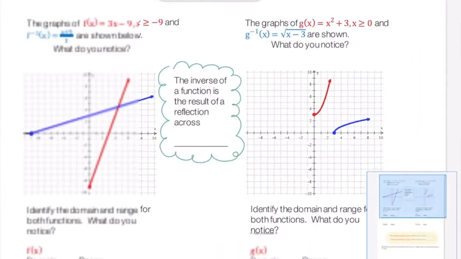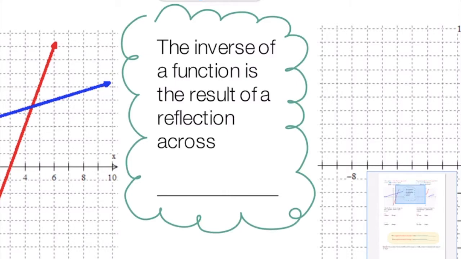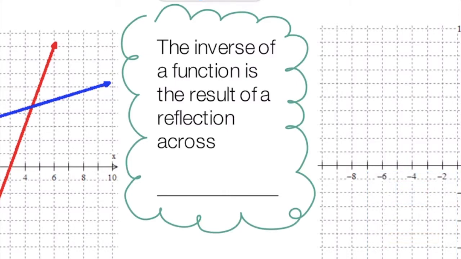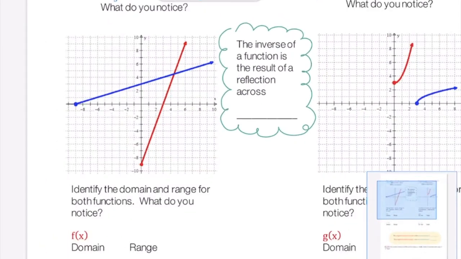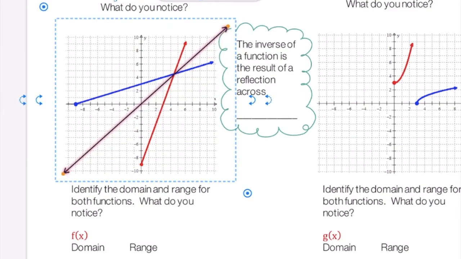Think about, in terms of transformations, what has happened to go from the red functions to the blue functions. And here's a hint. It's a result of a reflection. And the question is, what is it a reflection across? Well, hopefully you're looking at this and you can see that it's actually been reflected across this diagonal line.